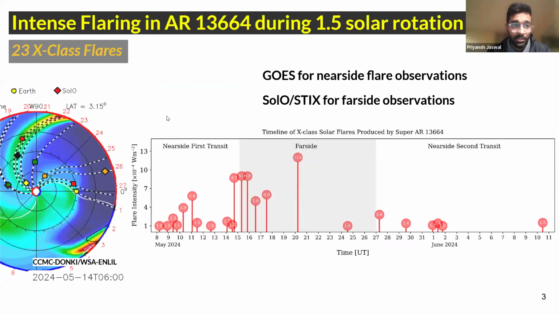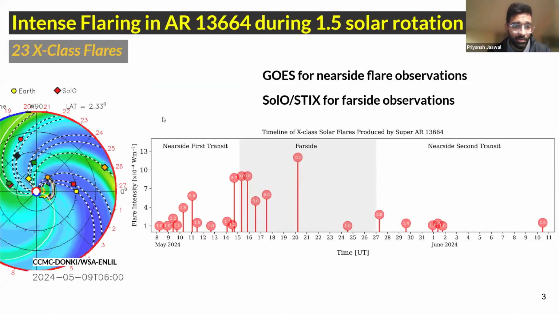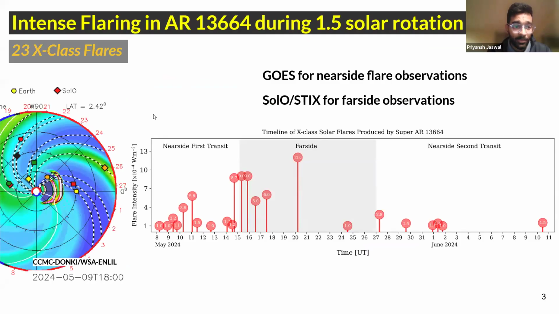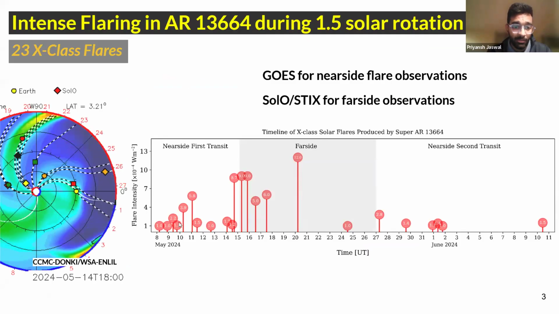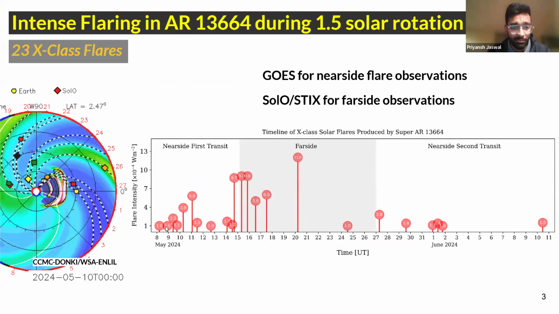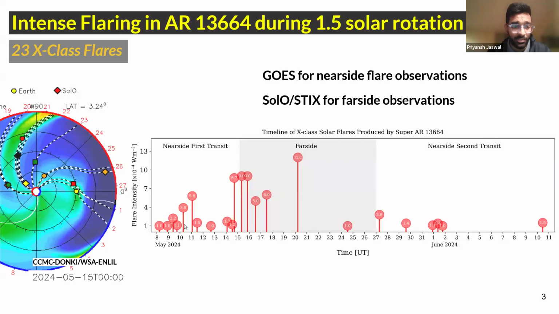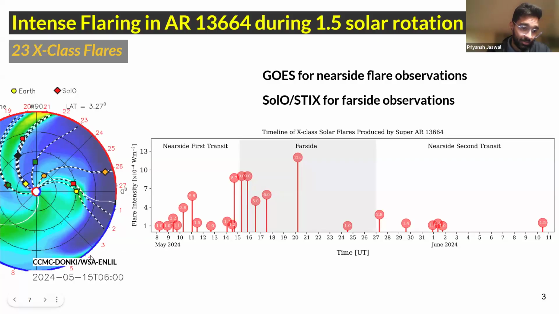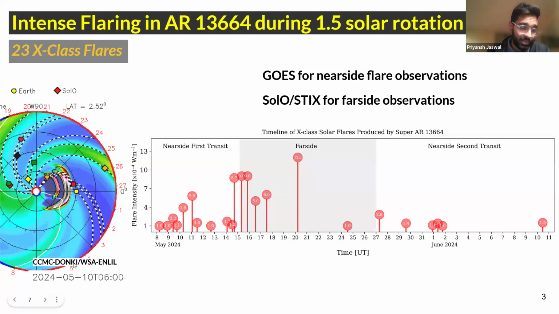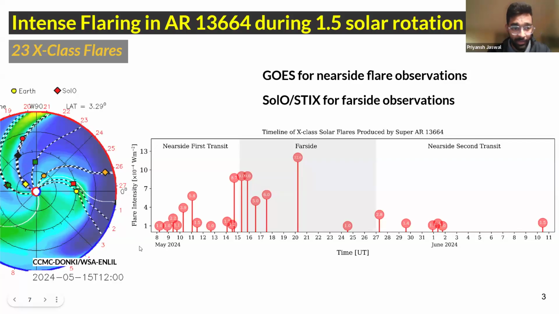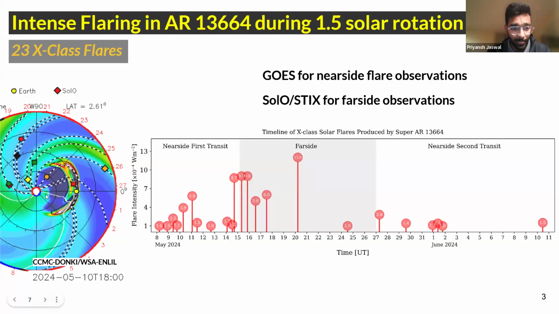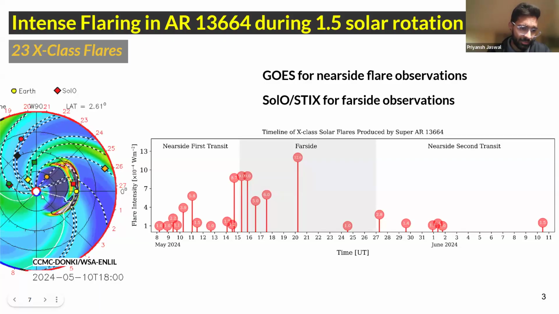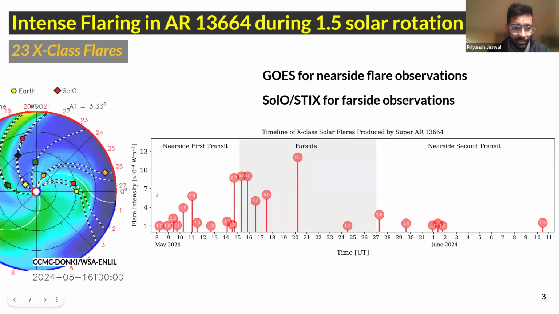If we go to the Sun, we find that active region 13664 during this period had produced multiple X-class flares, which launched the associated coronal mass ejections. The CMEs that eventually hit the Earth during the geomagnetic storm period were launched around the 7th or 8th of May, which you can see in this simulation itself.